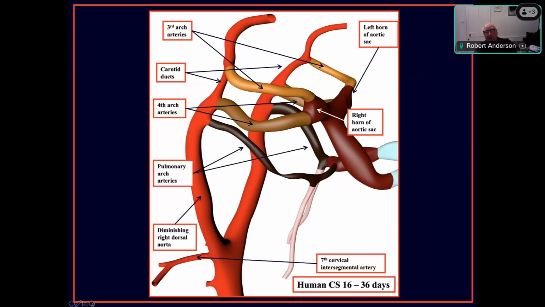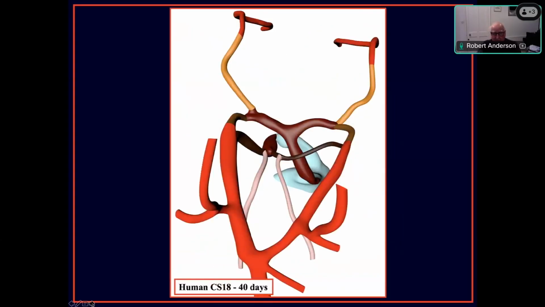Here are the pulmonary arch arteries, and you will see that from their caudal border, they are giving rise to the right and left pulmonary arteries. And you can also note that already there is diminution in size of the right pulmonary arch artery. Again, it is the left-sided vessels that become dominant.